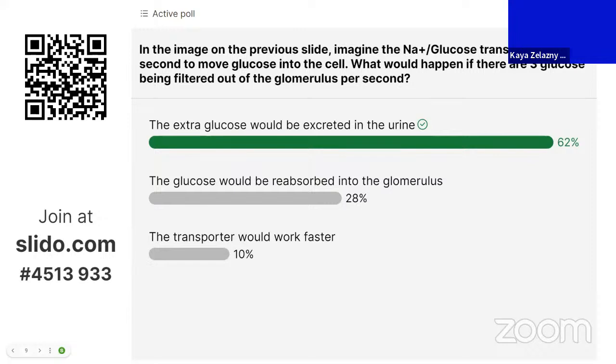But like when we spoke about enzymes a long time ago, they're just proteins. They can get saturated. You might not have enough glucose transporters to move all of the glucose back into the body.